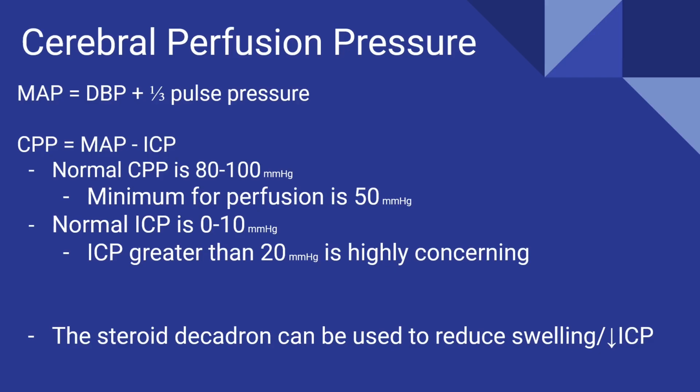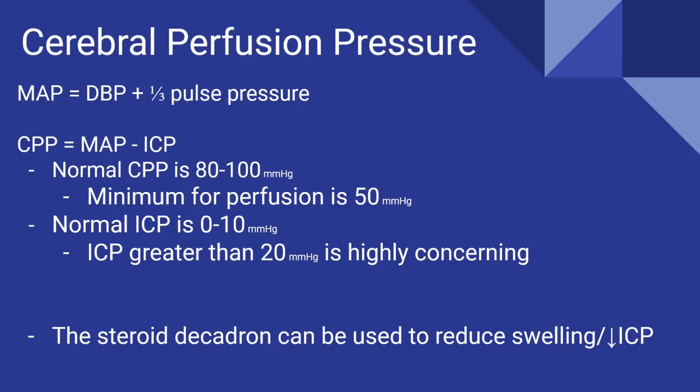So normally the perfusion pressure is between 80 and 100, and the minimum to perfuse the brain is 50.